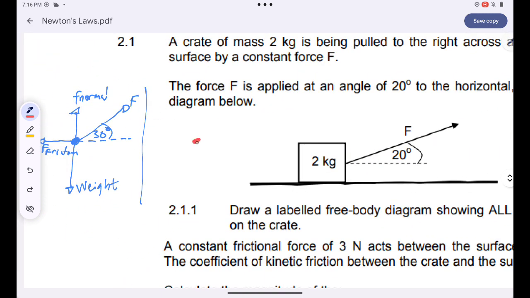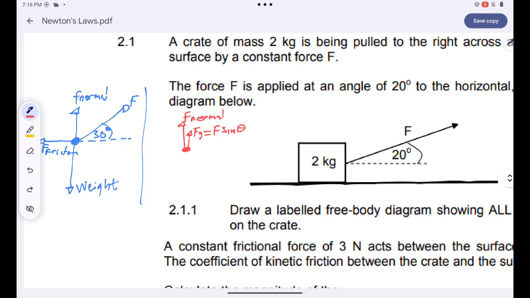I will also have normal force, F normal, and then I will have the vertical component of the force. The vertical component of the force is just equal to F sine theta, and the theta just represents the angle between the force and the horizontal surface. Are you together?